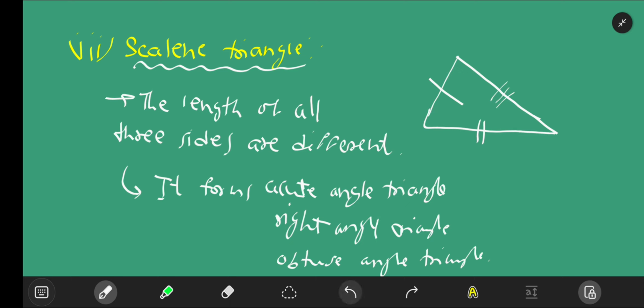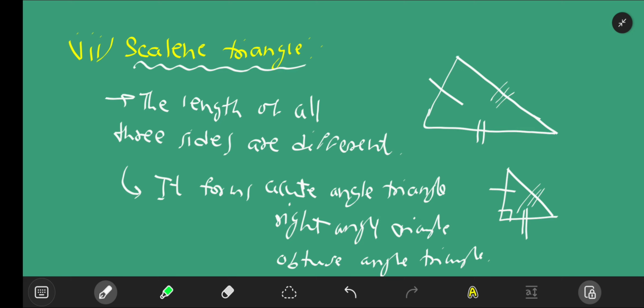If I draw like this, this is the right angle triangle and this is the hypotenuse. And this length is different, this length is different, this length is different. So this is right angle scalene triangle.